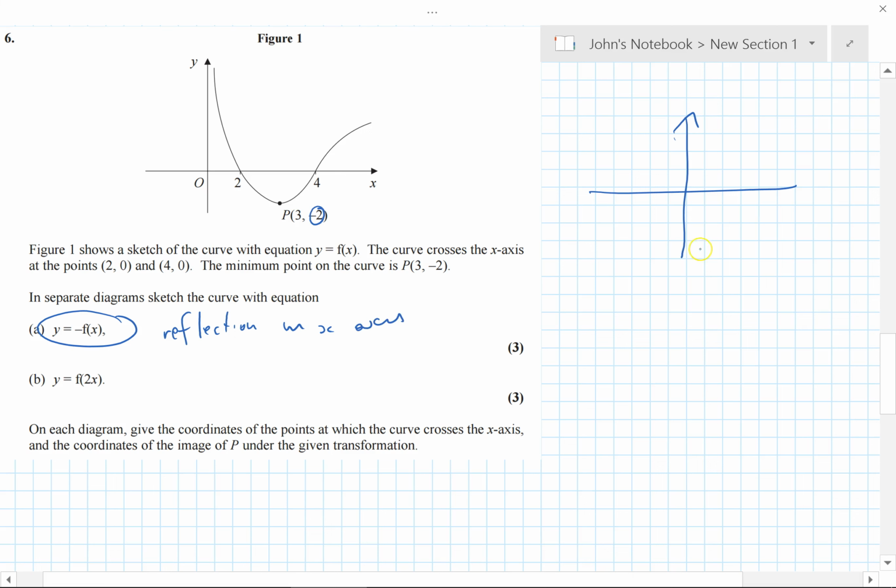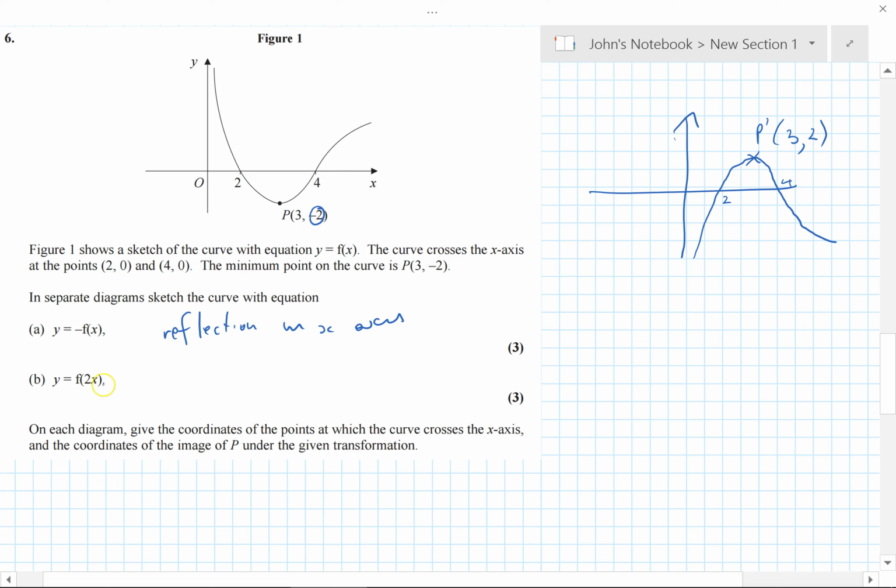So it's going to be doing this with this coordinate here, swapping. So this now, let's call it P dash, is 3, 2. And then of course it's still going through 2, 4 because it's been reflected. Okay, nice easy 3 marks for that.